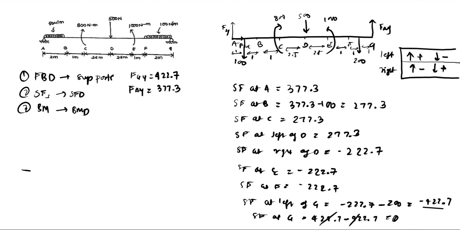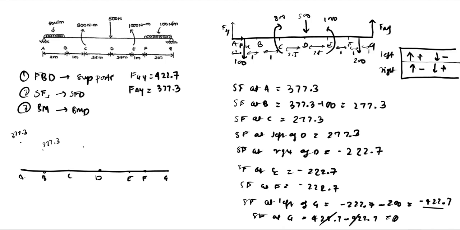So let us draw the shear force diagram. As we have the values, we have A, B, C, D, E, F, and G. These are the points which we have. At A, we have a shear force of 377.3. At B, we have 277.3.